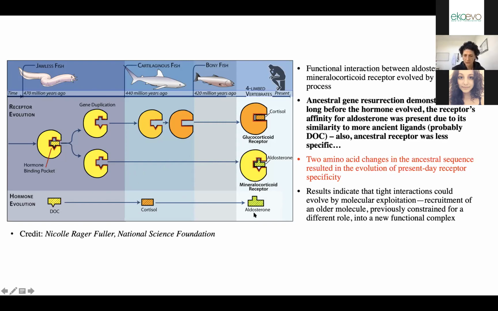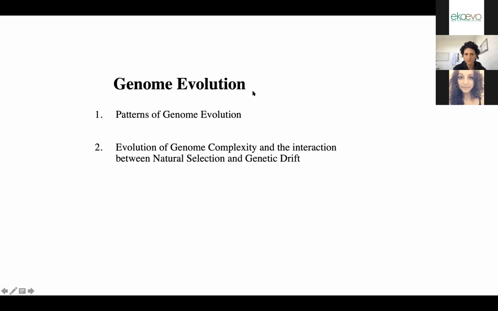According to their conclusion, before the aldosterone and receptor complex formed, there was no adaptive evolution for the receptor, because there was no hormone for the receptor. So for adaptive evolution, they concluded it has to be a complex, it has to be both of them, hormone and receptor. Okay, are we clear? I hope.